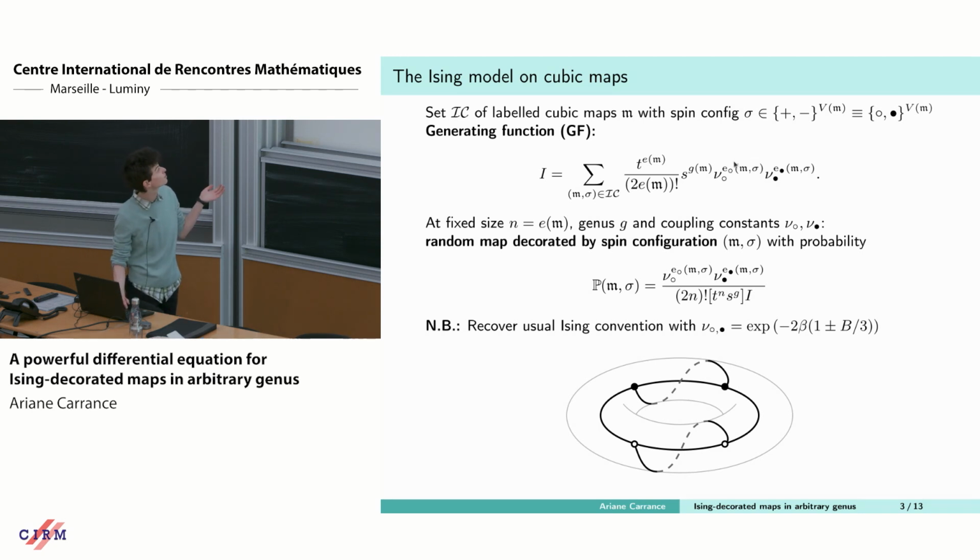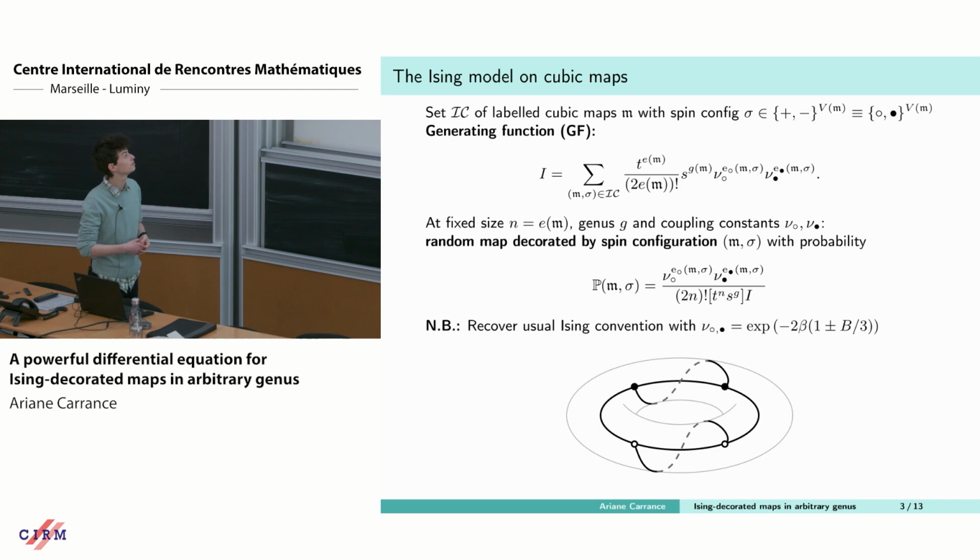If we, for instance, fix the genus and the size of our map, we extract the coefficient in t and s to keep the size and the genus fixed, and then see what's the probability of having a given map with a given spin configuration.